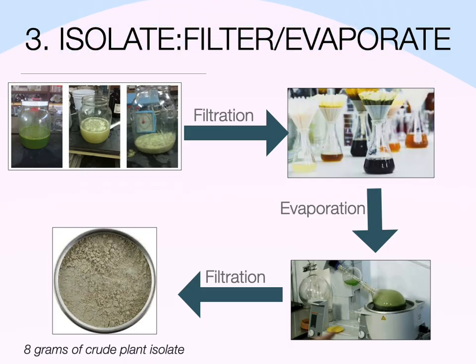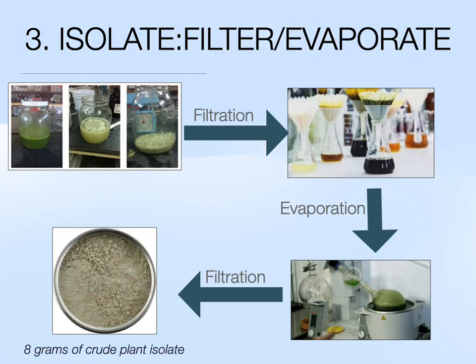At this point, since that extraction process is completed, it is now possible to separate the solvent or the liquid phase itself from the initial plant part that was placed there to be extracted. And that separation process is referred to as filtration.